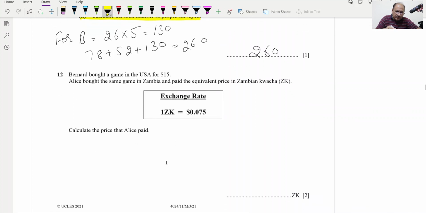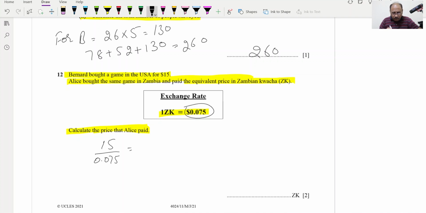Question number 2 says Bernard bought a game in USA for $15. Alice bought the same game in Zambia and paid the equivalent price in Zambian currency, which is ZK. The exchange rate is provided over here. Calculate the price that Alice paid. So $15, we have to convert 15 USD by this one. So we'll divide by 0.075, and this is how we can simplify.